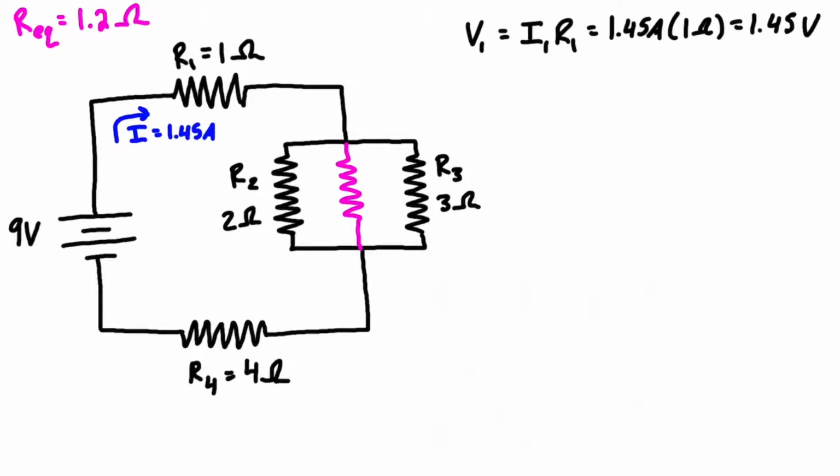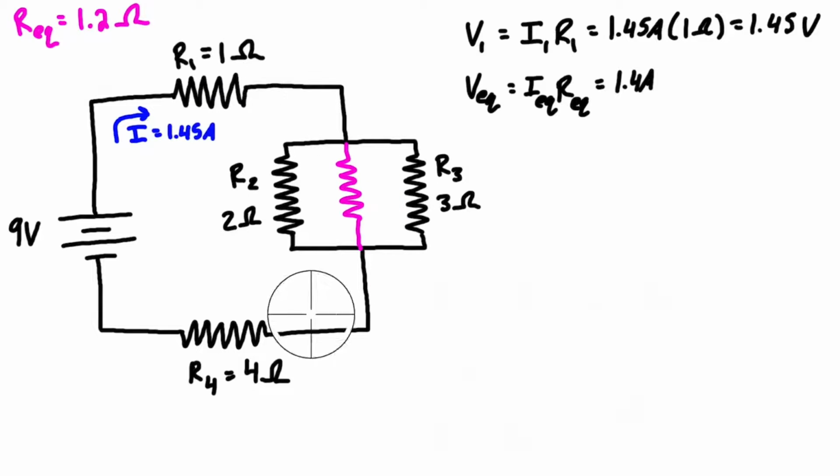Looking at the equivalent resistor, V equivalent is equal to I equivalent times the equivalent resistance. We have 1.45 amps as well. Again, everything has 1.45 amps going around it when we consider the equivalent resistance to make up a simple series circuit.